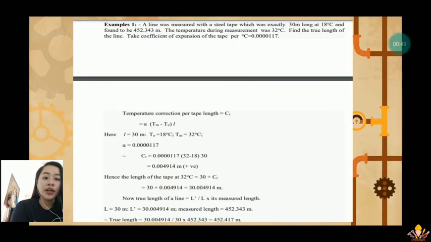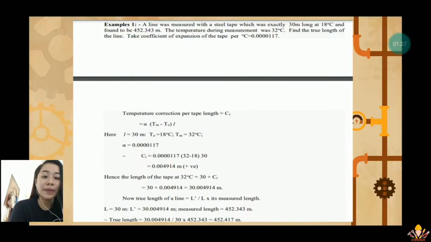So the temperature correction per tape length, C sub T, has the formula α multiplied by (T sub M minus T sub O) multiplied by small letter L. Here, L is equal to 30 meters, T sub O is 18 degrees Celsius, T sub M is 32 degrees Celsius, and α is 0.0000117.